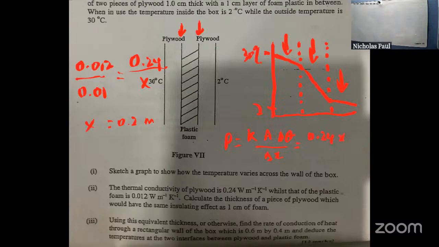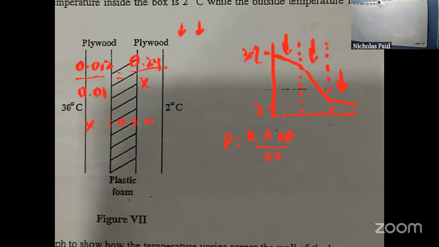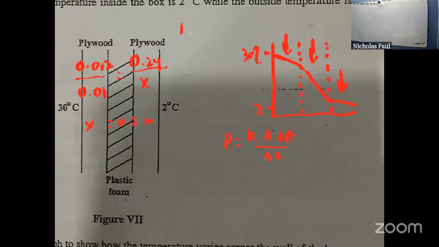A is the area, which is 0.6 by 0.4. Temperature change is 28, right?